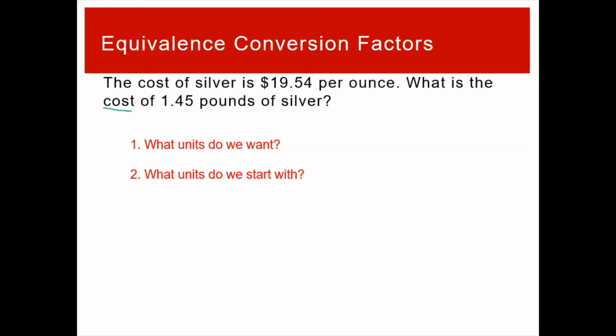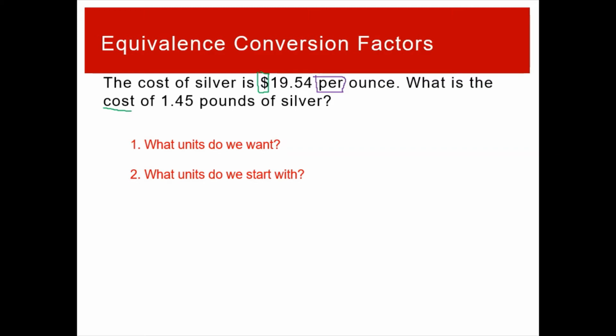What units do we start with? We're really tempted when we see this dollar sign to think that that's what we're going to start with. But in reality, that actually is not what we start with. And we can tell because there's this per. It's $19.54 per ounce. That is a relationship between two different types of units.